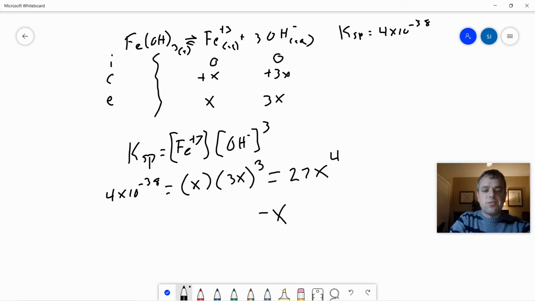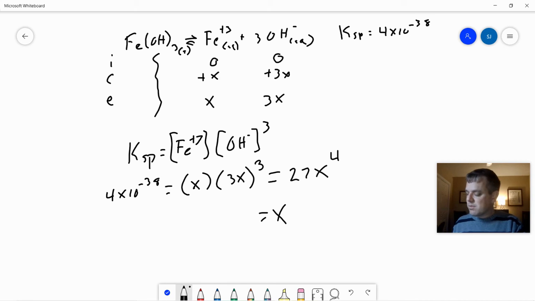So to solve for x, we need to take 4 times 10 to the negative 38th, divide it by 27, and then take the fourth root of it, or raise it to the 1/4 power, if you will.